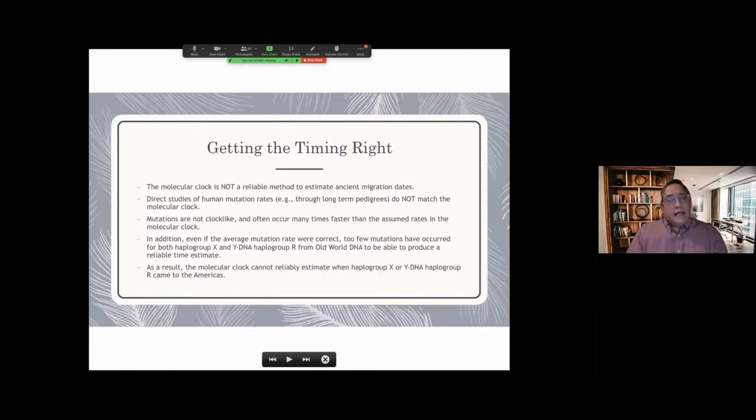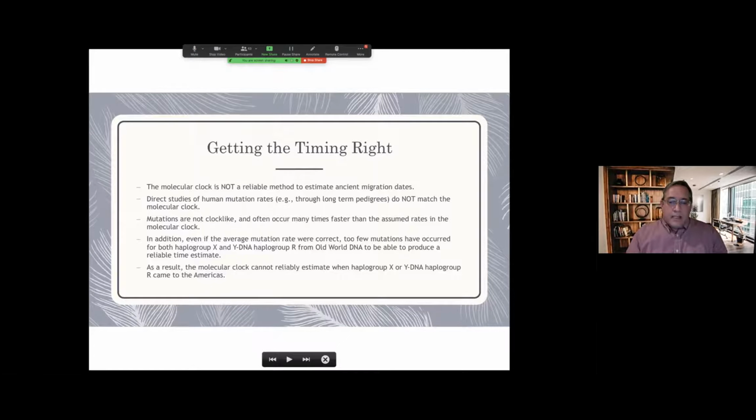When they've done that, it has not been anywhere close to what they're assuming of the molecular clock. Instead, it's not clock-like at all. It's random mutations, so it can be slow or fast, but usually the mutations are occurring many times faster than the assumed rates in the molecular clock.